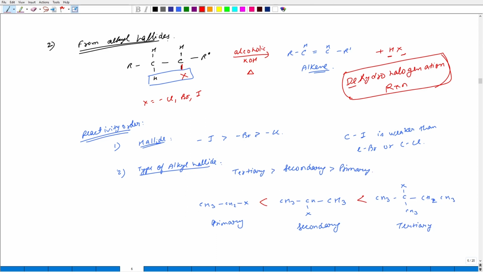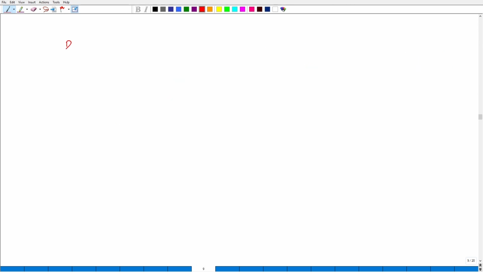D means the removal. If I am using D anywhere, this D means removal. If I am using hydro, it means hydrogen. Halogen we know is X. If I am using hydra, something related to hydra, it means water.